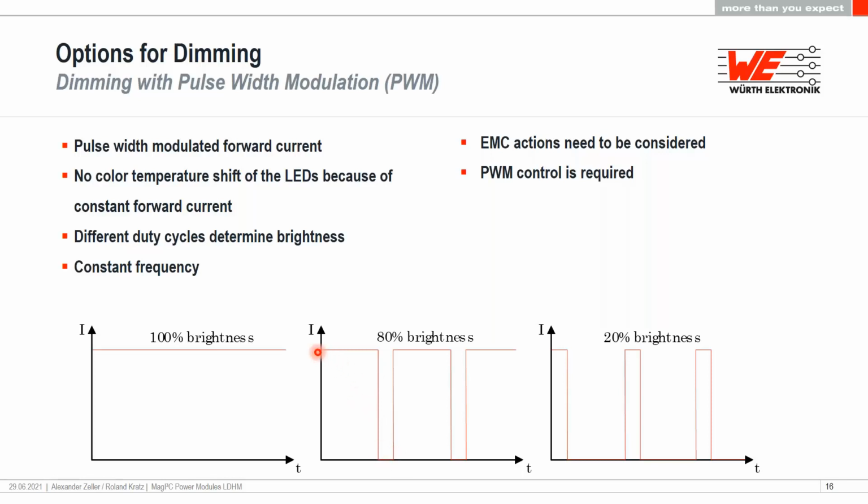What you see here is that during on time, also with 20% brightness, with 80% brightness, also with 100%, this is a DC current. You always will have the same frequency, also here consisting of on time and off time.